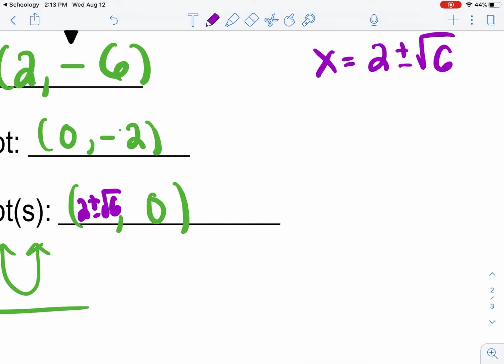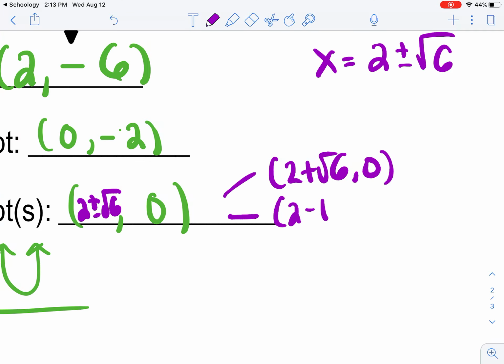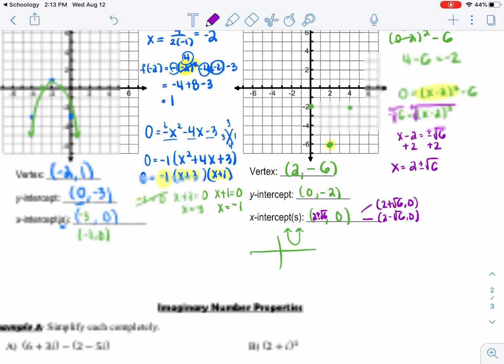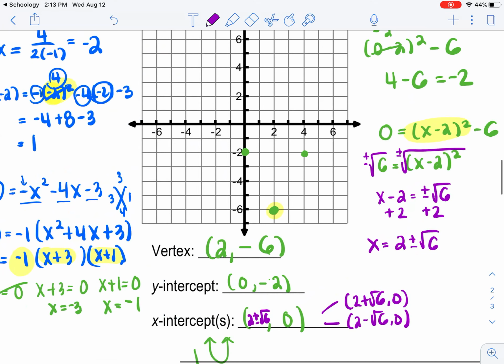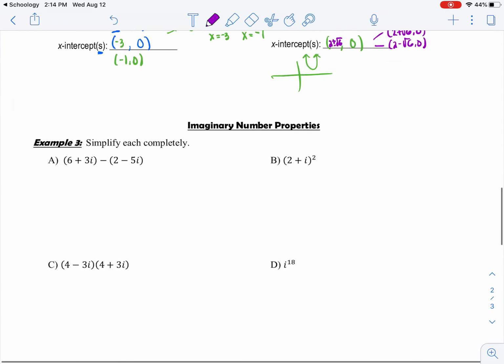Realize that is 2 x-intercepts. You don't have to separate them. This is technically 2 plus root 6 comma 0 and 2 minus root 6 comma 0. So if you think about it, they're decimal answers. We don't have to get them perfect, so we're just going to graph our quadratic and make sure it's good to go.